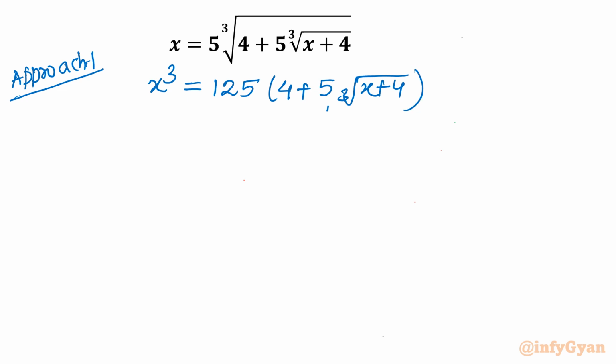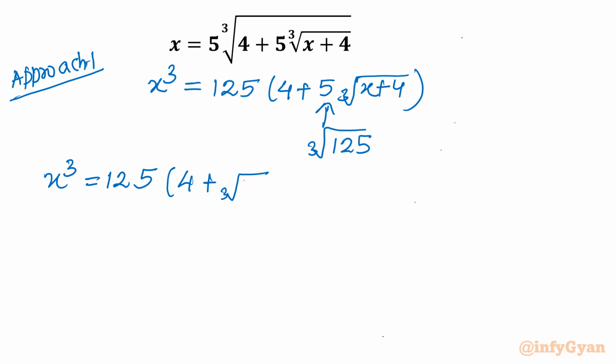Now this 5 I will write as cube root of 125. So x cube is equal to 125 in bracket 4 plus cube root of 125 times cube root of x plus 4.